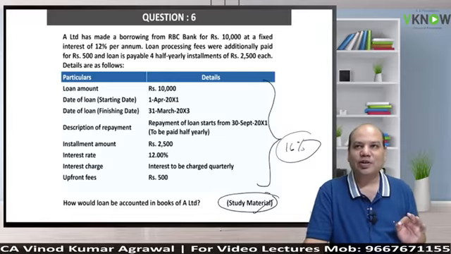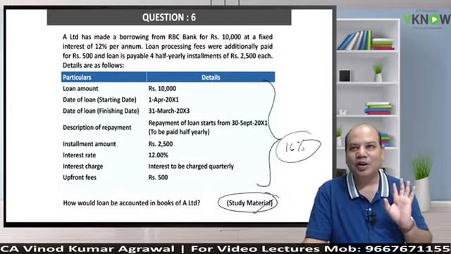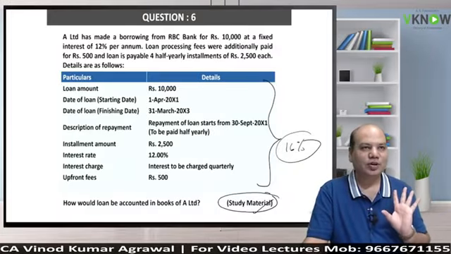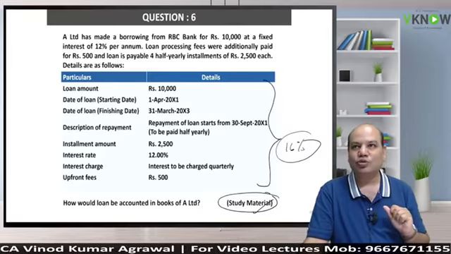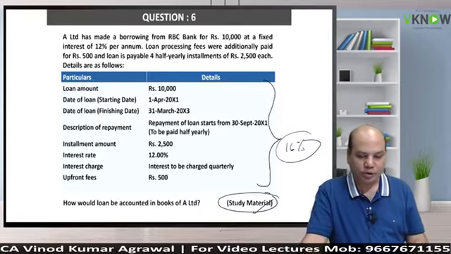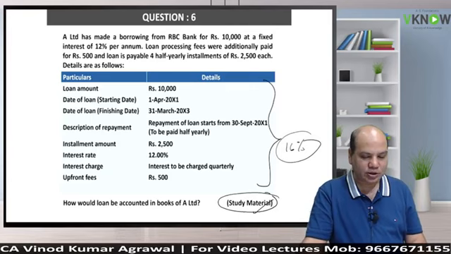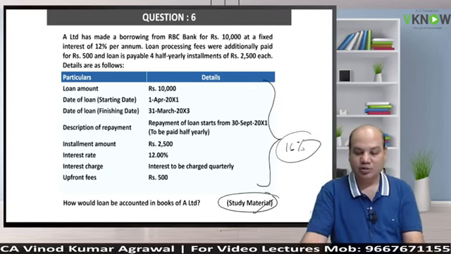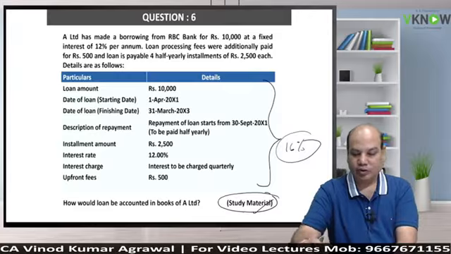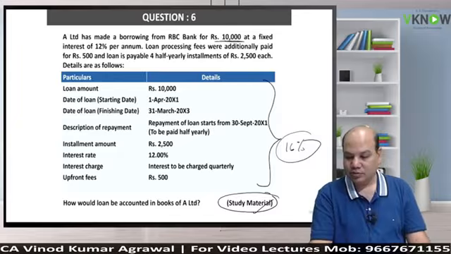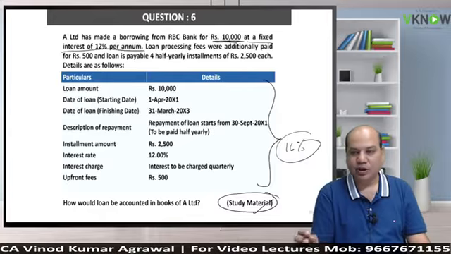If this question is asked as it is, you need to first compute IRR carefully. Without that, you will not be able to solve. So I will go to question number 6. A Limited has made a borrowing from RBC Bank for rupees 10,000 at a fixed interest of 12% per annum.